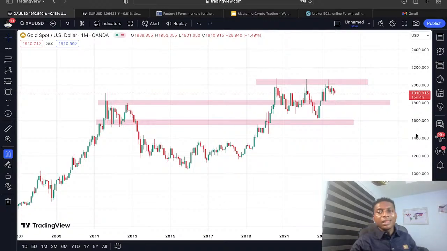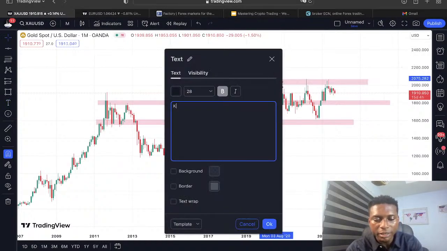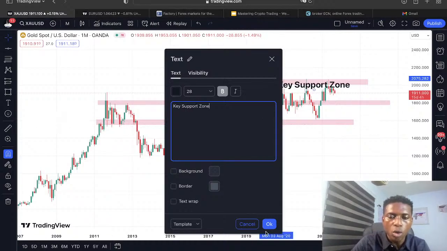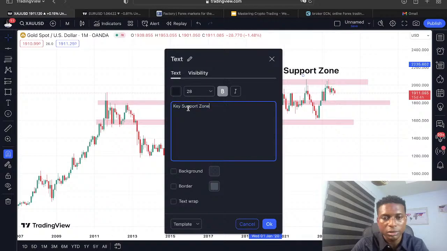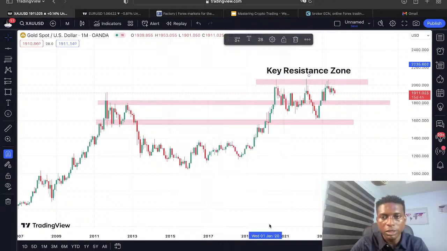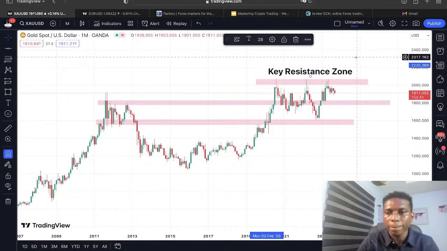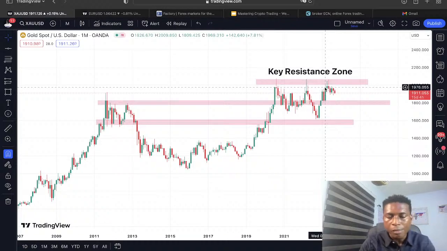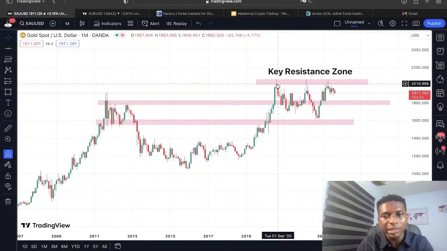So obviously we can see that gold is at a key resistance zone, which means definitely price getting to this level has been rejected like 3 times.